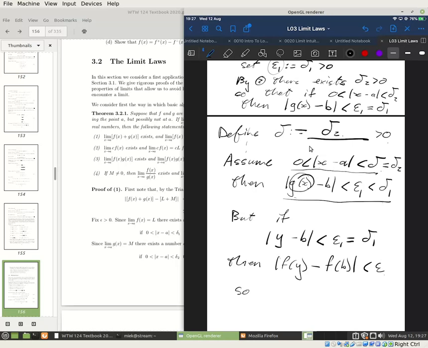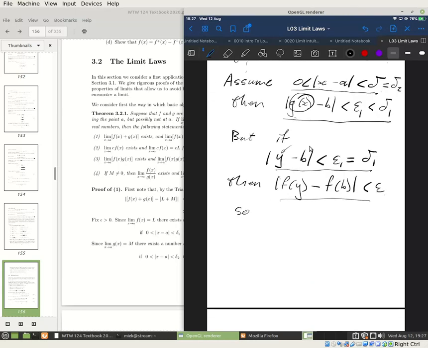But for any y for which this holds, we've got that. So g satisfies this condition. Therefore, so but if 0 is less than |x minus a| less than delta, then |g of x minus b| is less than delta 1.